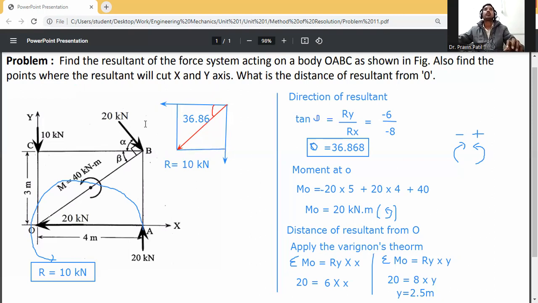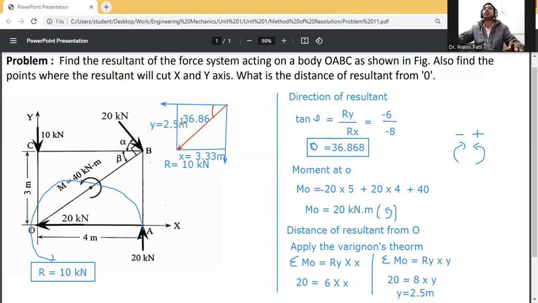So Y is equal to 2.5 meter, and X is equal to 3.33 meter. This is the location of the resultant.